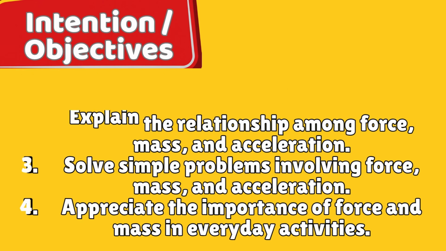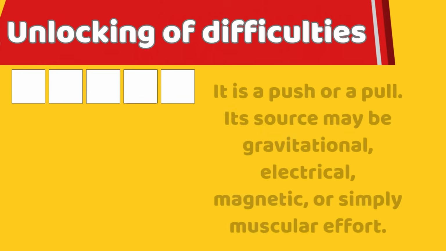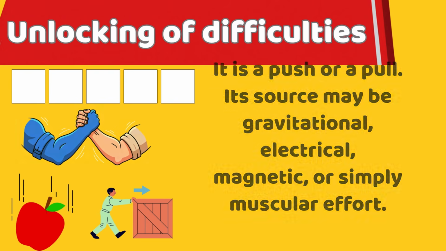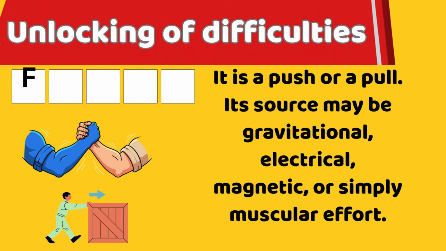Before we start our lesson, we're going to have an unlocking of difficulties. It is a push or a pull. Its sources may be gravitational, electrical, magnetic, or simply muscular effort. So the answer is force.